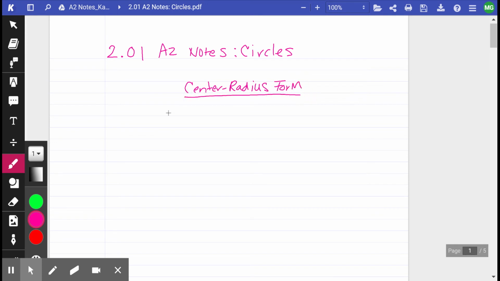So our center radius form of a circle is x minus h quantity squared plus y minus k quantity squared equals r squared, where h, k, that point, represents your center, and the radius is represented by the letter r.